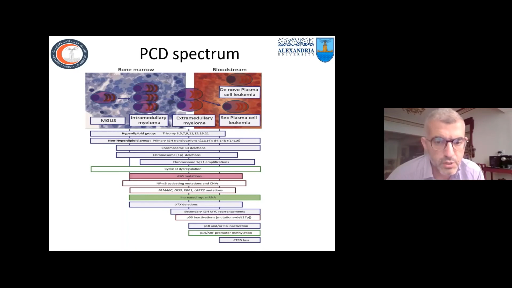This is a very interesting paper which basically highlighted the exact translocations that occur, together with the clinical disease that happens, and whether it's still in the bone marrow or it overflowed into the bloodstream, the hyperdiploidy translocations or the non-hyperdiploidy translocations, and together with the RAS mutations, and the TP53 mutations, which basically aggravates or progresses the plasma cells from having just a normal morphology into having a malignant morphology and genotyping and progressing into an aggressive form, which overflows into the bloodstream.